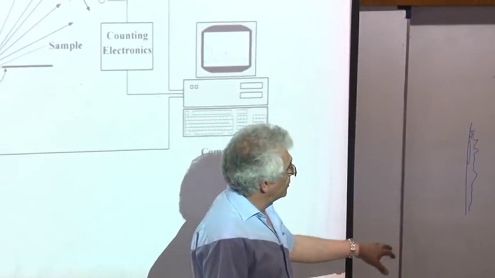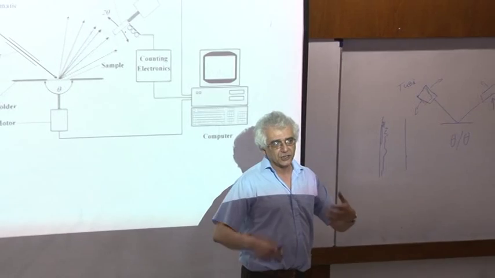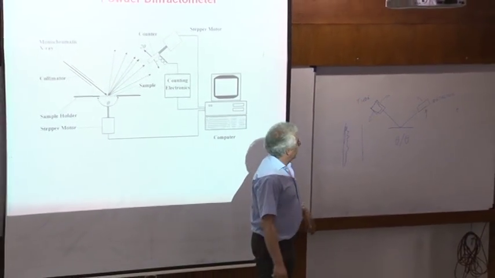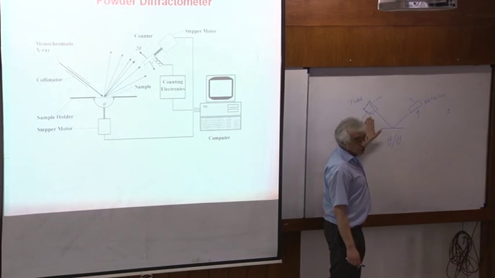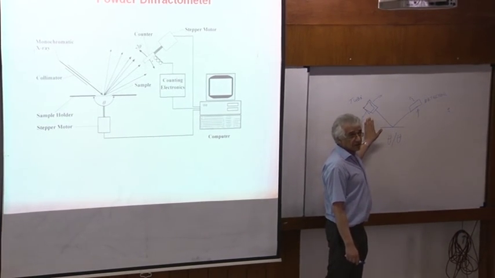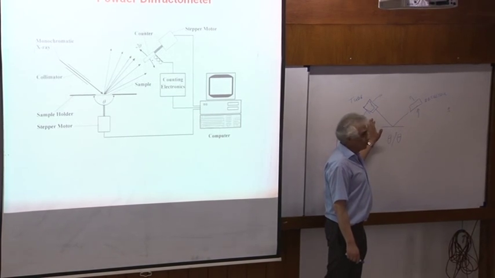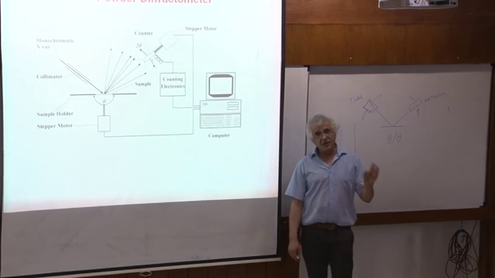So this kind of instrument has been around for a long time, but what has changed in recent years is, firstly, new types of tubes that are very high intensity tubes to give you very well collimated high intensity X-rays, and most especially the detectors.